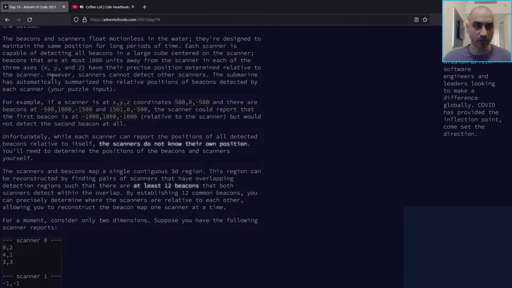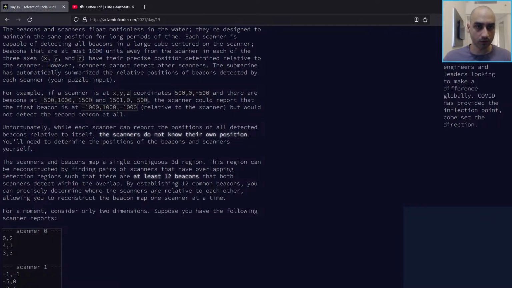It's actually a 2001 width cube, but you just think of it as 1,000 away from the center. Scanners cannot detect other scanners.